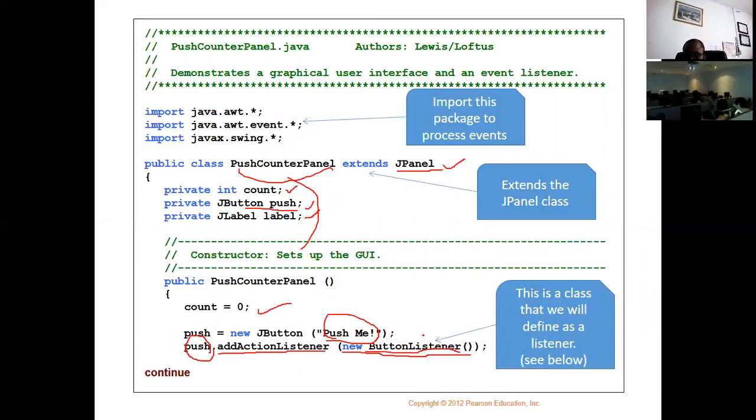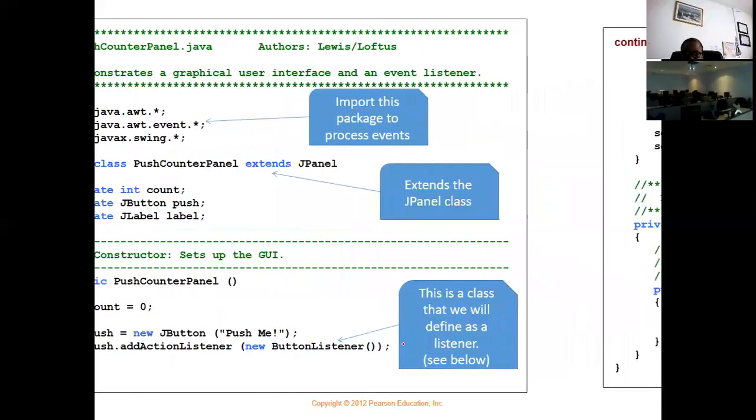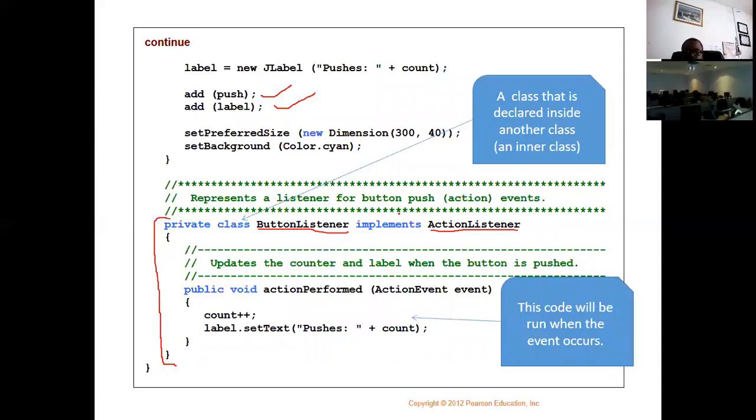So now we are creating the class called button listener, but it's inside of our current class, push counter panel. It implements action listener, and the action listener interface basically has one method that you must implement, actionPerformed. Now this actionPerformed method takes in an action event.